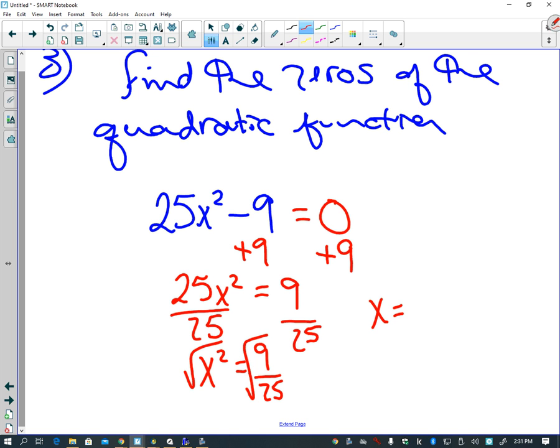Okay, when we square root the left-hand side, my answer is both positive and negative. All right? What is the square root of 9? 3. What is the square root of 25? 5. So I should get x equals positive 3/5 and negative 3/5.